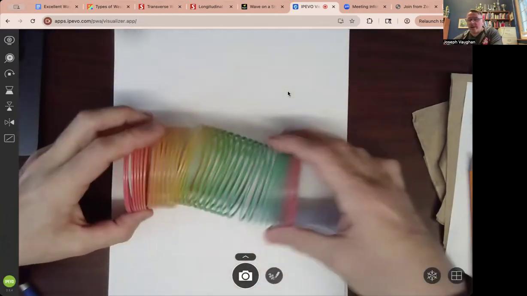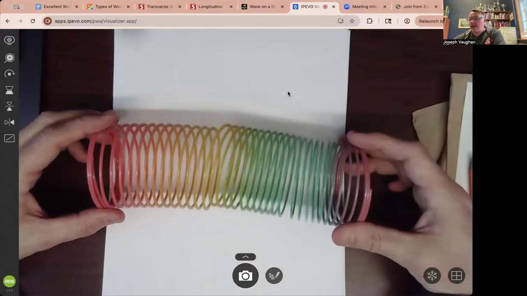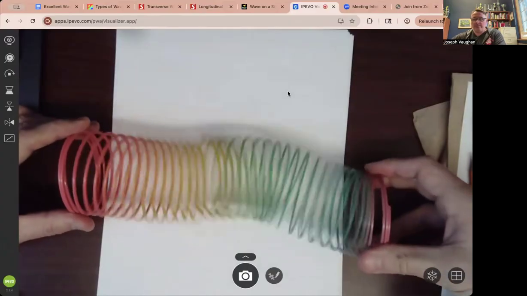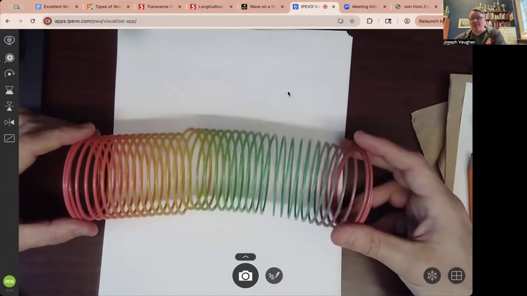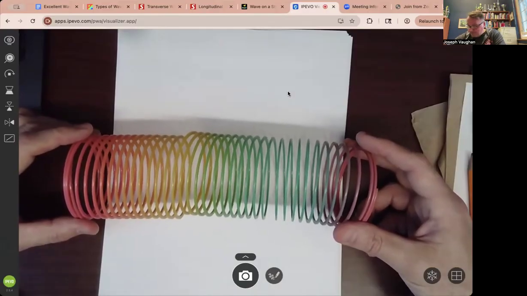All right, moving on. Another way I can make a wave is, rather than move my hand forwards and back, I can move my hand from side to side. This is so much more impressive with my big long slinky in the classroom that is several meters long.